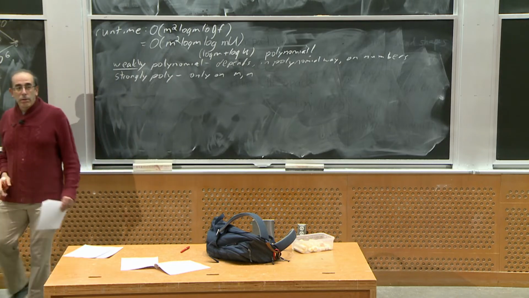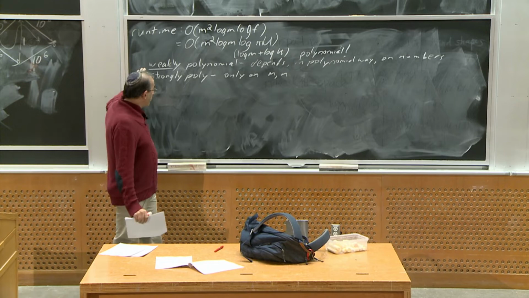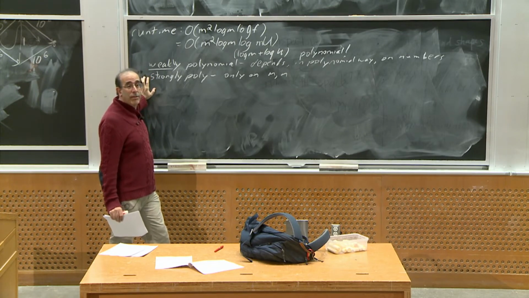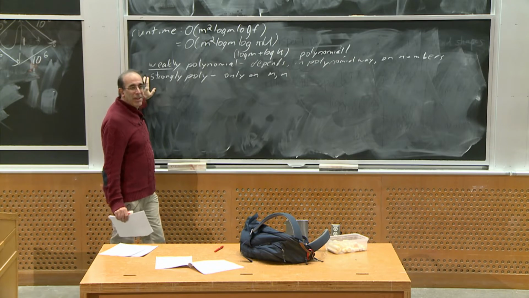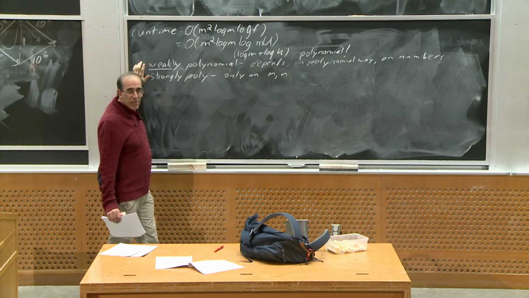And this difference matters, because a strongly polynomial algorithm would work correctly even if the input were real numbers, whereas a weakly polynomial algorithm with real numbers could take an unbounded amount of time.